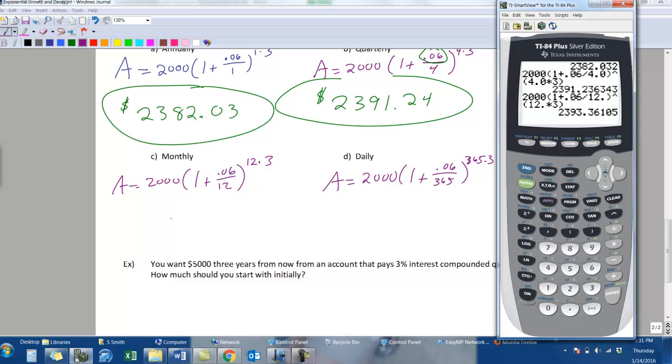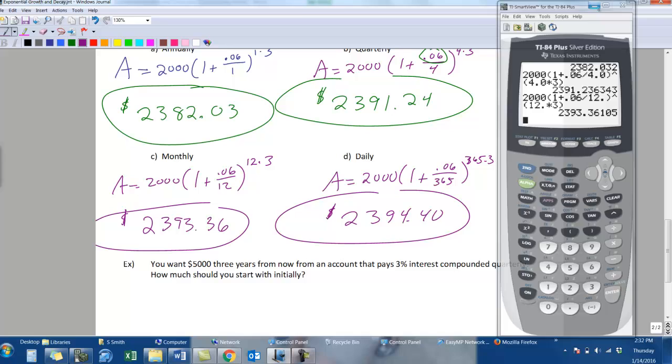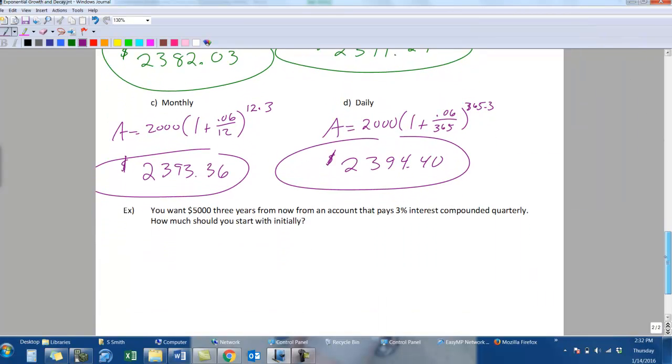Did you get $2,393.36? Made $2 more. And then hopefully for daily, did you get $2,394.40? That's what you should have got for those two. So notice the more we compound it, the more it increases just a little bit.